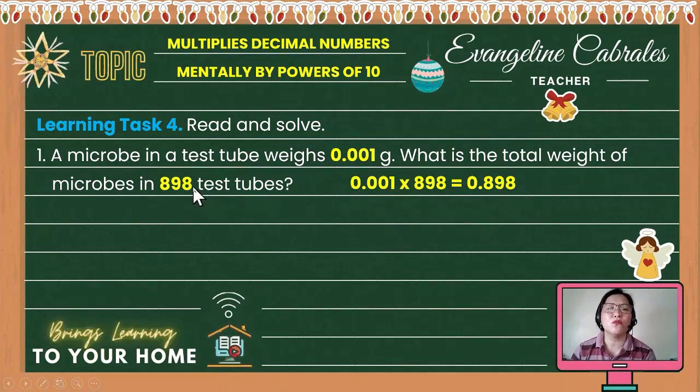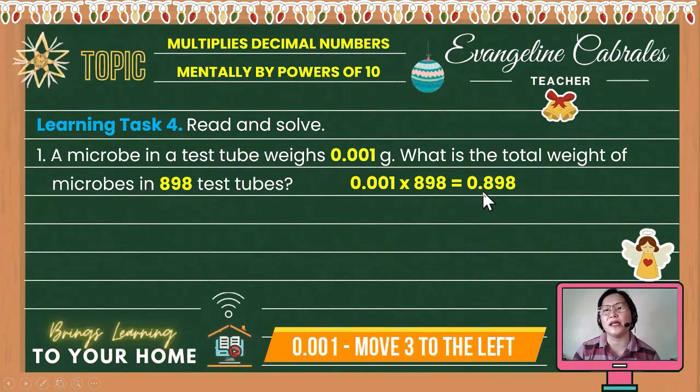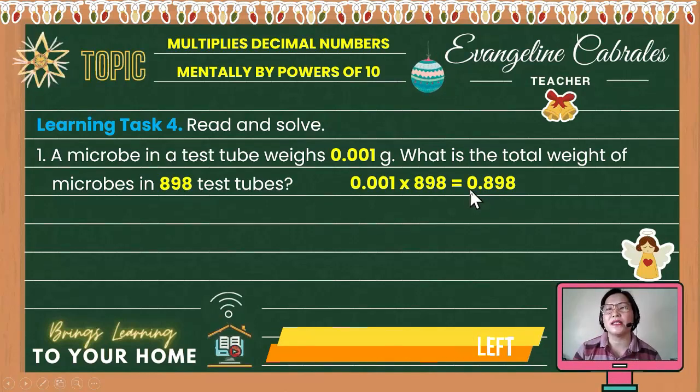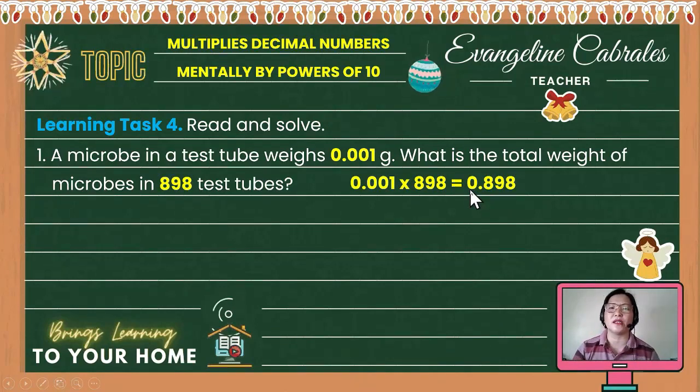Kasi, magmumula saan? Sa dulo, nandito, sa dulo. Sa kanan, kasi ito ay whole number. Kaya automatic nandito ang whole number. Iuusod ng 3 beses. 1, 2, 3. Kaya nasa unahan na ng 8 ang decimal point at lalagyan ng 0 sa kaliwa to represent the whole number.